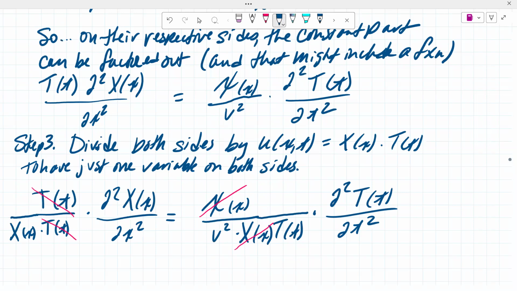So the interesting thing is that now on both sides of the equation, we're left only with one variable. The left-hand side has only x's, and the right-hand side has only t's for the variables. Let me also just make sure that it's really clear that that x also cancels, right? This whole thing, X of x. Just to be sure. So this was by canceling.